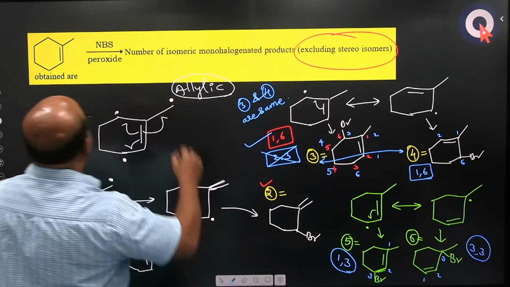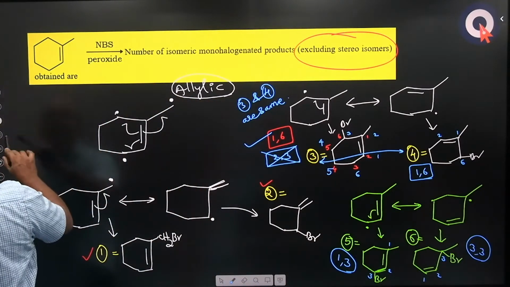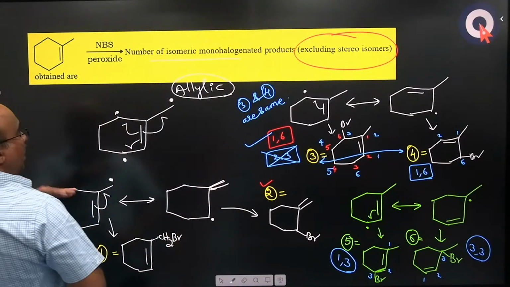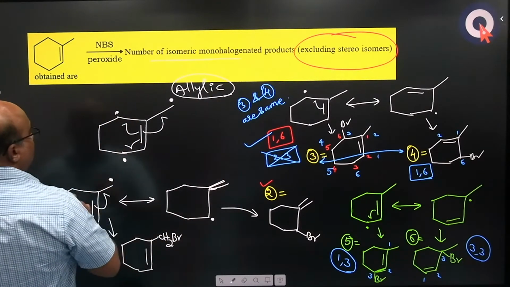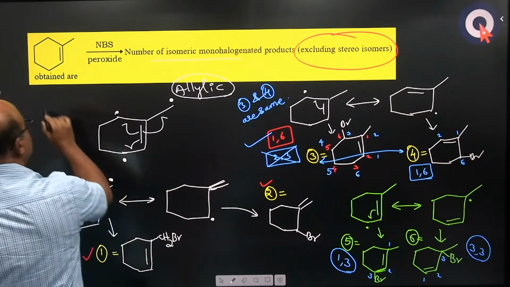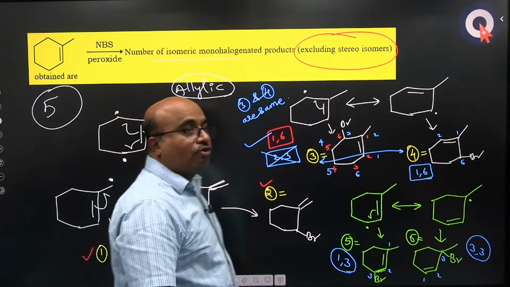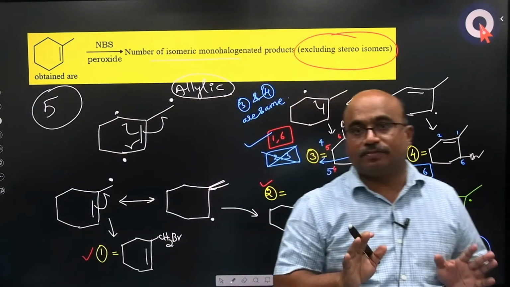So how many products we actually have according to our question? Isomeric, monohalogenated also. That is totally 5. That is excluding stereoisomers.